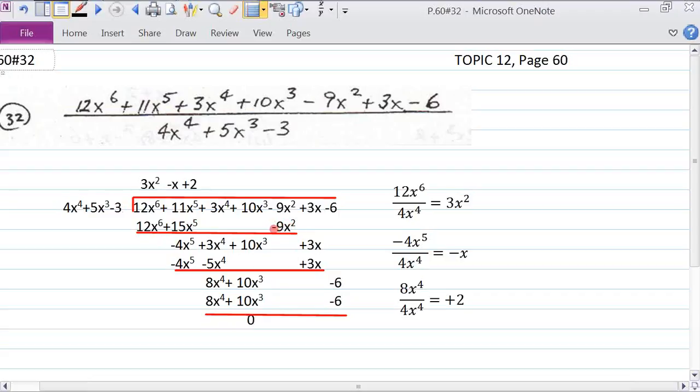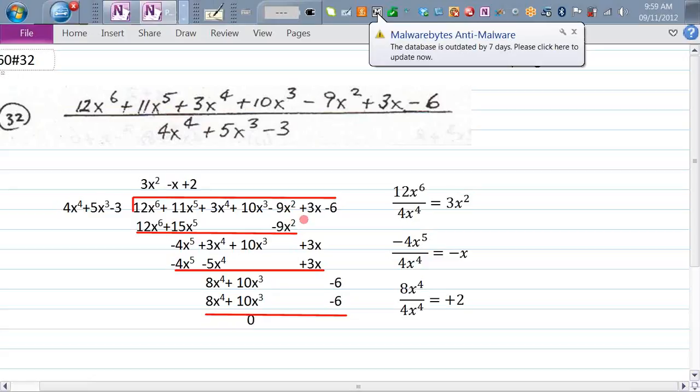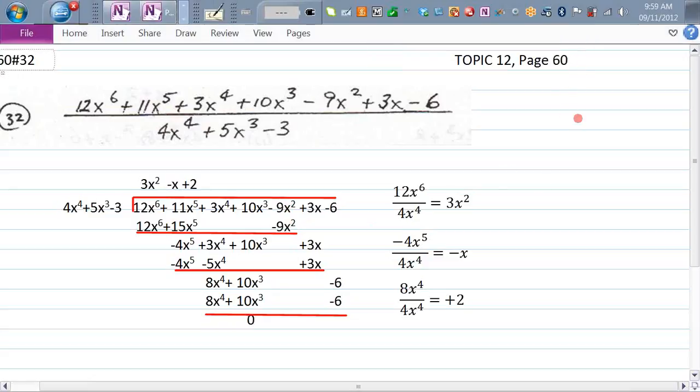I have to line it up under the 9x squared, because I can't subtract it from 3x to the 4th. It has to be the same power, so I line it up under the same power.